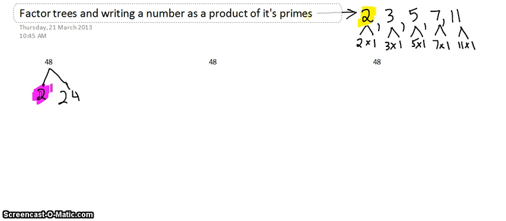We have found this prime factor, so we don't need to continue this branch. However, 24 is a composite number. So I'm going to shade this green because it's a composite number, it's not a prime number. It has many more factors, so we keep going with this number. We keep factorizing this number.